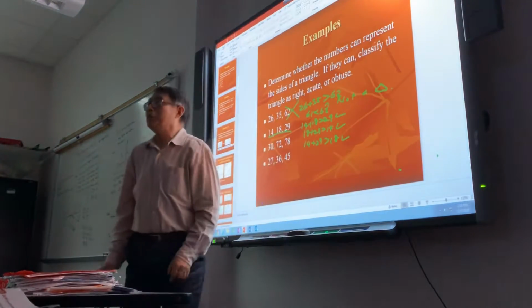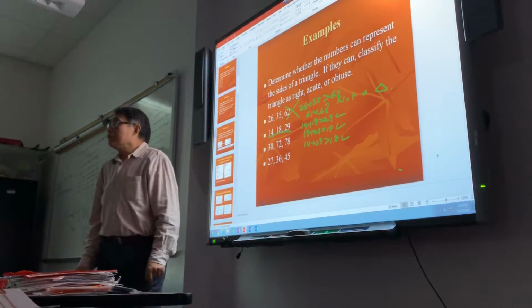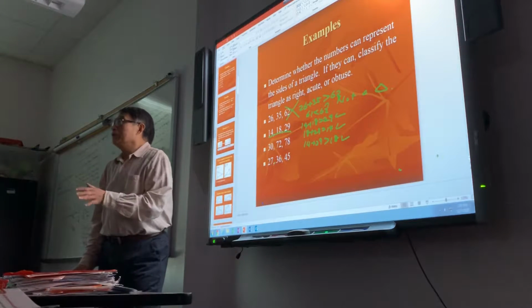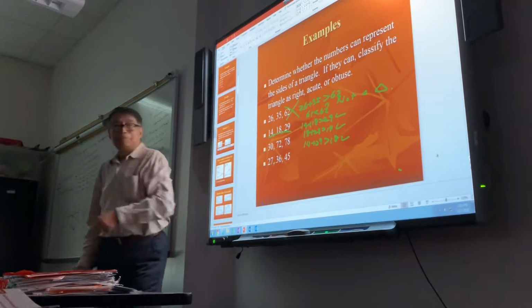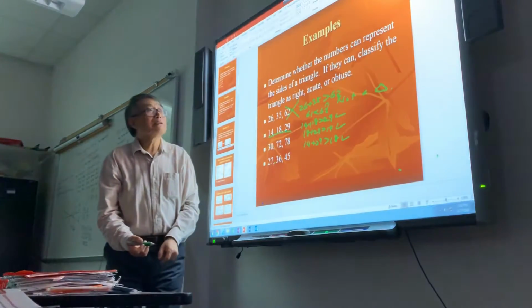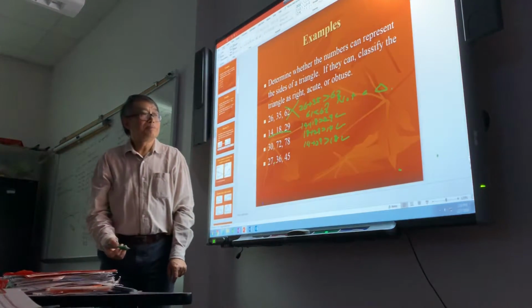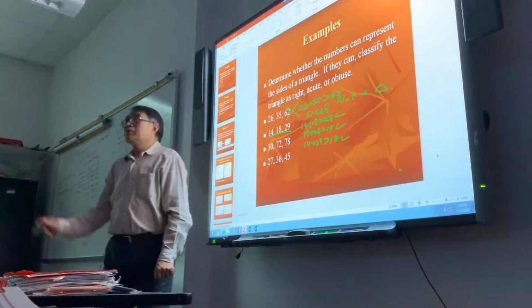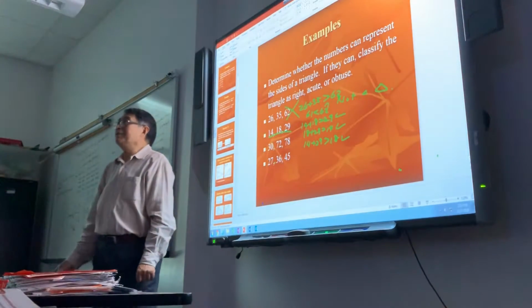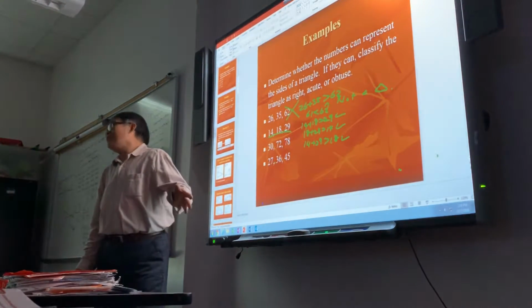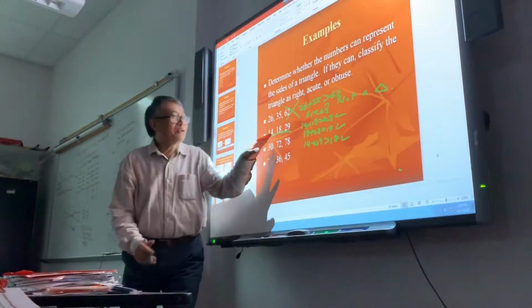Classify, how to classify, who can tell me? This is today's stuff. So if c squared is greater than a squared plus b squared, then what? Yes, you are right, but for this question, how to solve?